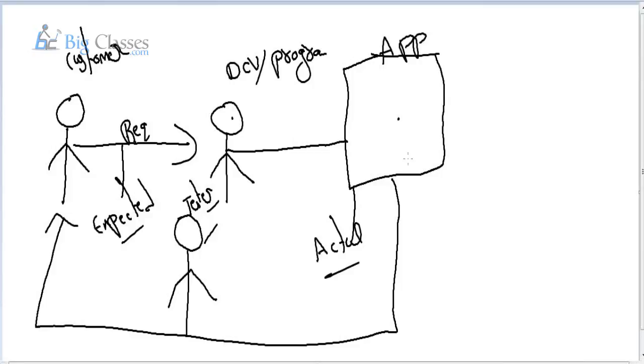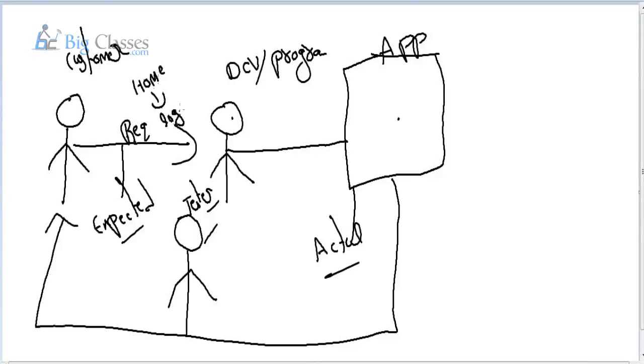Whether the expected value is equal to the actual value or not. Understand this, guys? So as a testing engineer, we have to compare whether expected equals actual. For example, my customer requirement: the application's first page should be the home page, and the second page should be the login page.